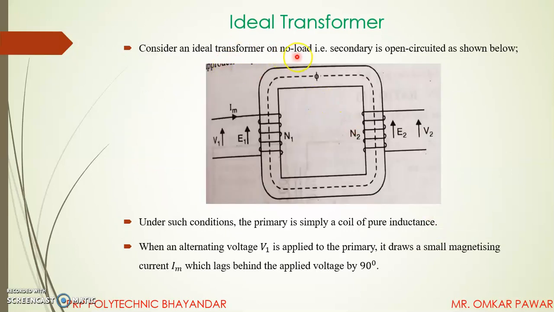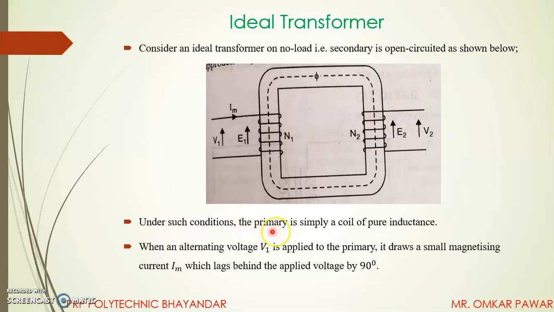Consider an ideal transformer on no load. That is, we consider all these conditions we have seen in previous slides, and the secondary side will be open. That is, no load is connected to the secondary winding side, so the secondary is open circuited as shown in the figure.